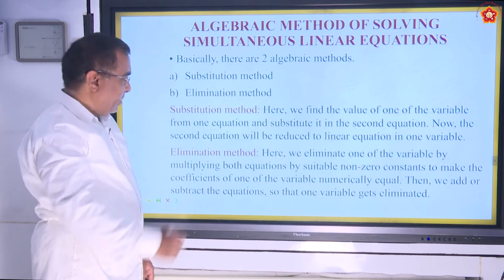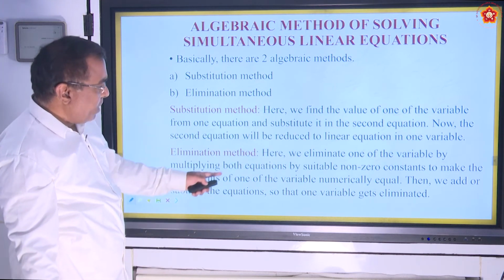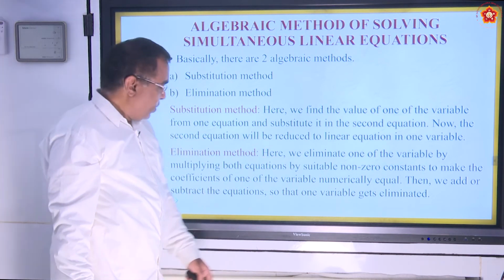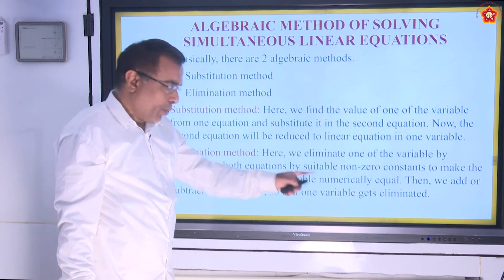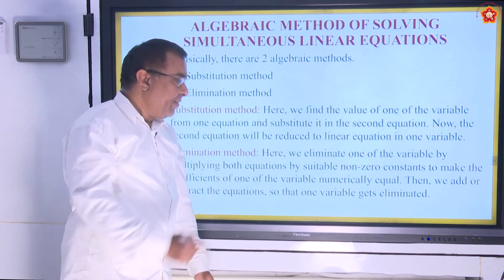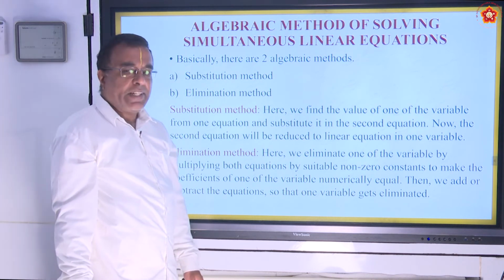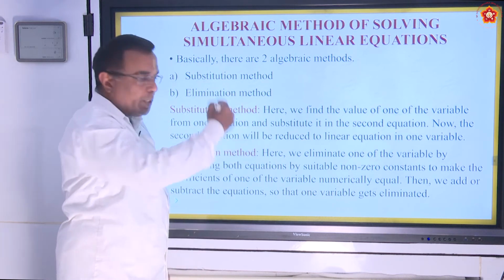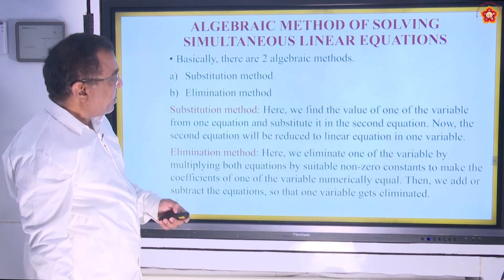Whereas in the elimination method, we eliminate one of the variables by multiplying both the equations with suitable non-zero quantities to make the coefficients of one of the variables numerically equal. Then we add or subtract the equations so that one variable gets eliminated. Now we shall do some problems on both these methods so that you understand it better.